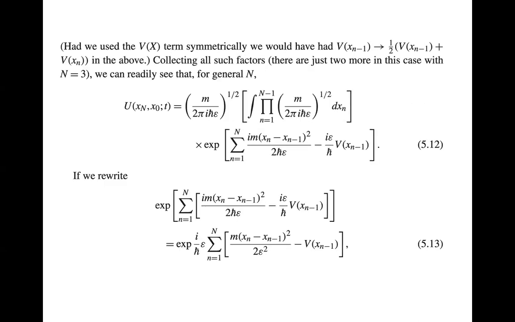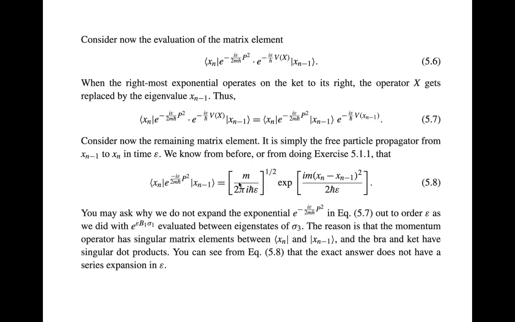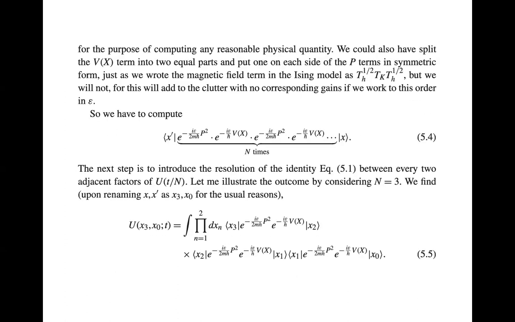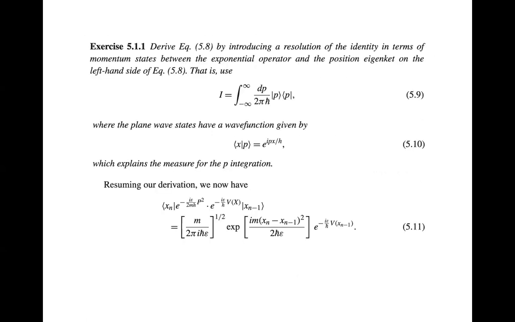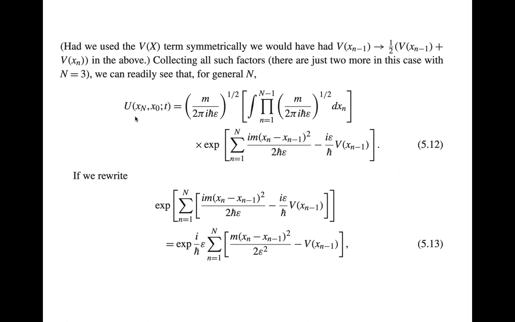So after replacing this matrix element with this result, we found this. U is the time evolution operator, exponential of minus iHt divided by h bar, right?